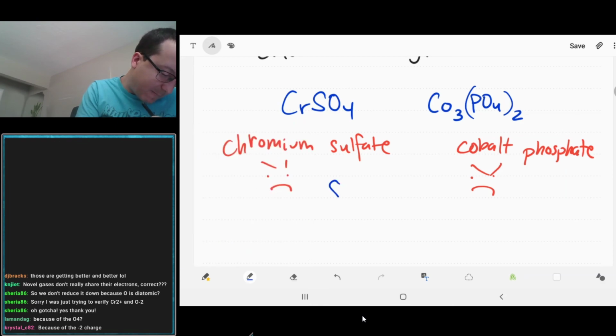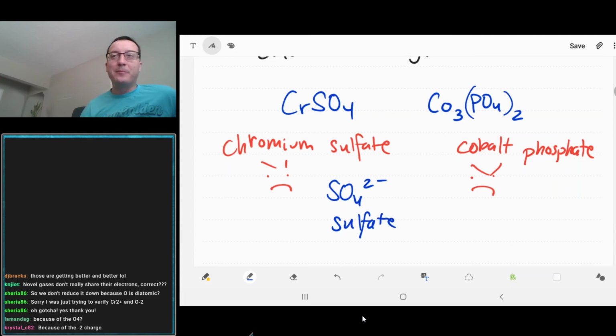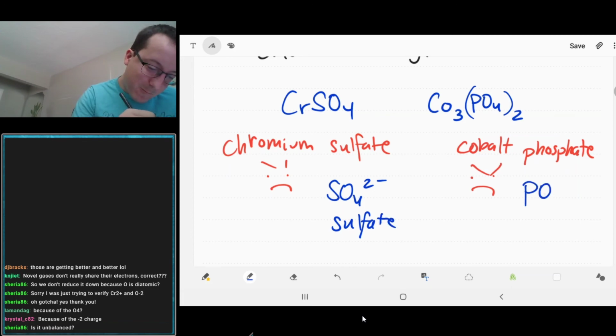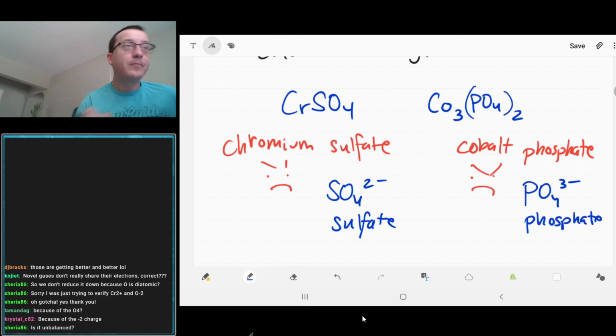So this thing is always sulfate, no problem. This thing is always phosphate. So anytime I give you a chemical formula, it will be balanced.